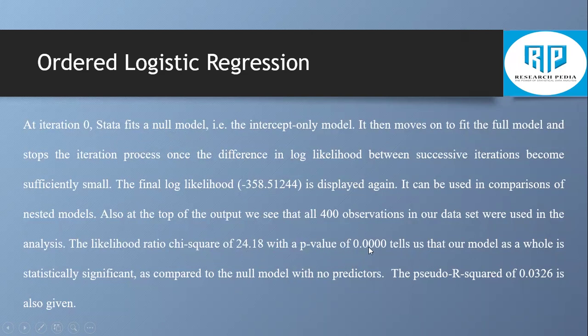Our model is statistically fit because the log likelihood ratio chi-square is 24.18 with a p-value which is less than 0.05, and R square is approximately 3.2%. It means your independent variables are explaining the variation in your dependent variable approximately 3.2%.